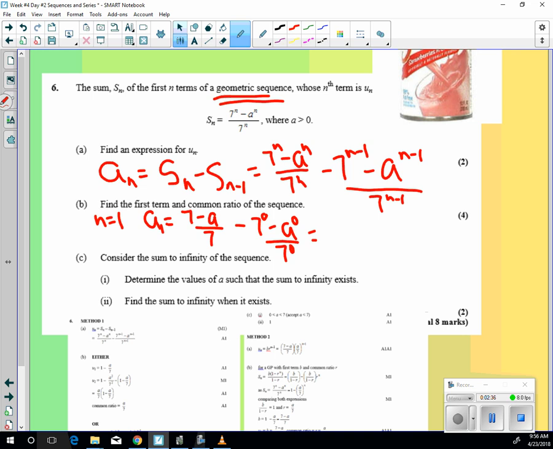See why I picked that? And you're going to get 7 minus a over 7 minus 0 over 7. So this is just going to be 7 over 7 minus a over 7, which is 1 minus a over 7. That's the first term.